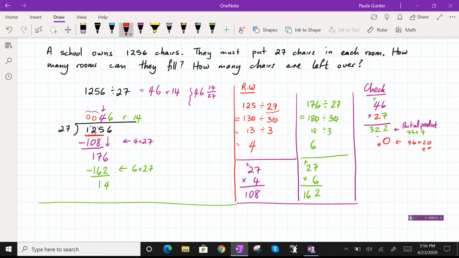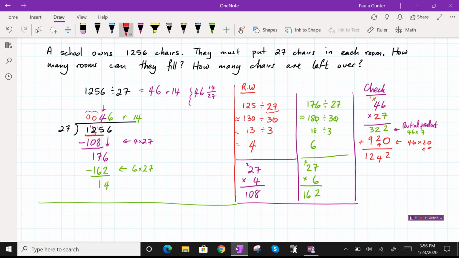2 times 6 is 12. If you wish, you can either cross out what you had carried before or erase it so it doesn't confuse you. So 2 times 6 was 12, I'm carrying 1. 2 times 4 is 8, and 1, 9. I have all of this to add, and I get 1,242.